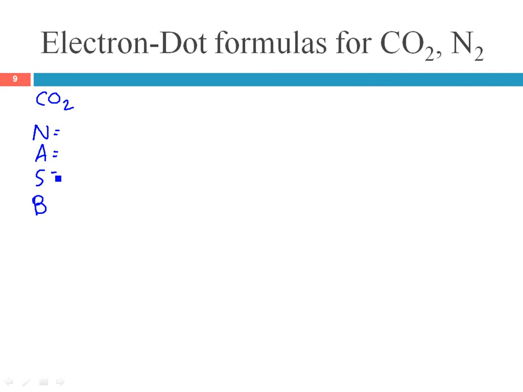We have 3 atoms that are not hydrogen, so we know that we're going to need 8. Remember, that's our octet. That's our magic number. Times 3, because we have 1 carbon, 2 oxygens. So we have 24 electrons. Available, we look at the group number for our valence electrons. So carbon's in group 4.